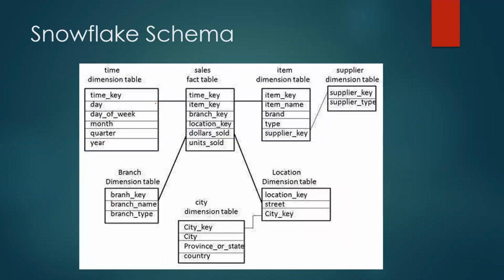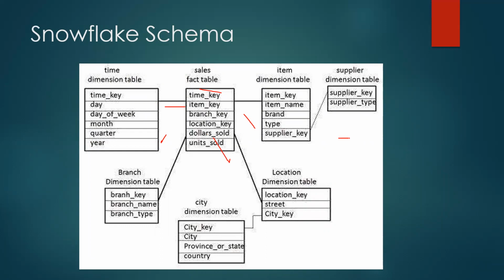Now this is the snowflake schema. In the snowflake schema, you still see there is a fact table and you have dimension tables connecting to it, very much like star schema, but with some additional things.